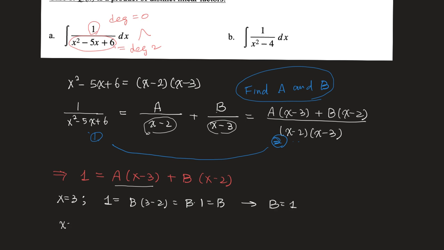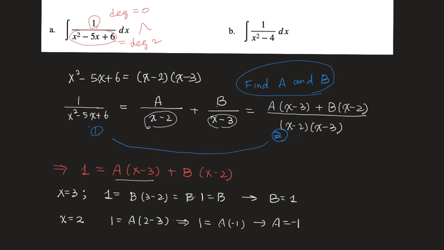Another way: plug in x equals 2. 1 equals A(2 minus 3) plus B(2 minus 2), which is 0, B times 0 is 0, so 1 equals A times negative 1, and A equals negative 1. That's the easy way to find A and B, okay?